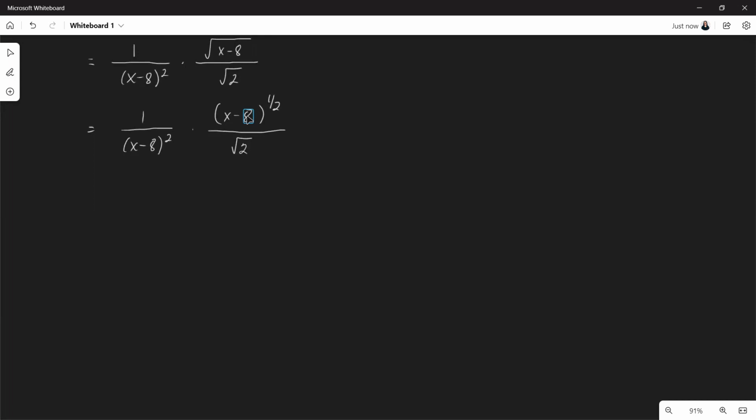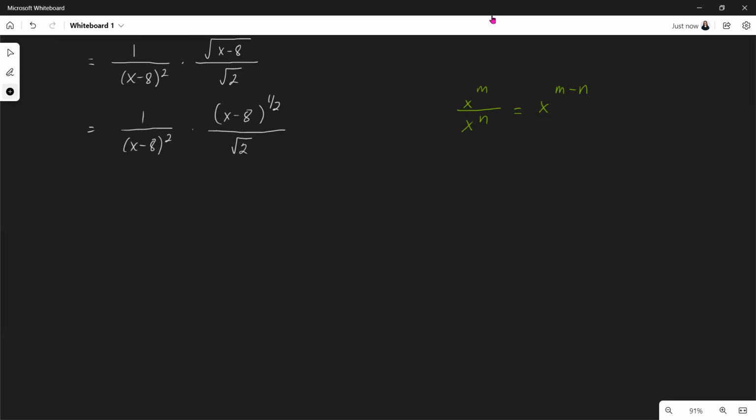So we can combine these two using laws of exponents. If we have x raised to the power of m over x raised to the power of n, they have the same base. Basically, this is division, so all we need to do is subtract. Copy the base and then subtract the exponent: the exponent of the one on top in the numerator minus the exponent of the one in the denominator.